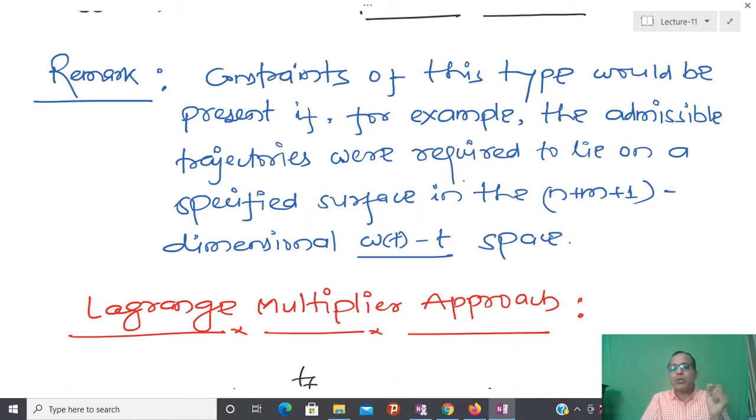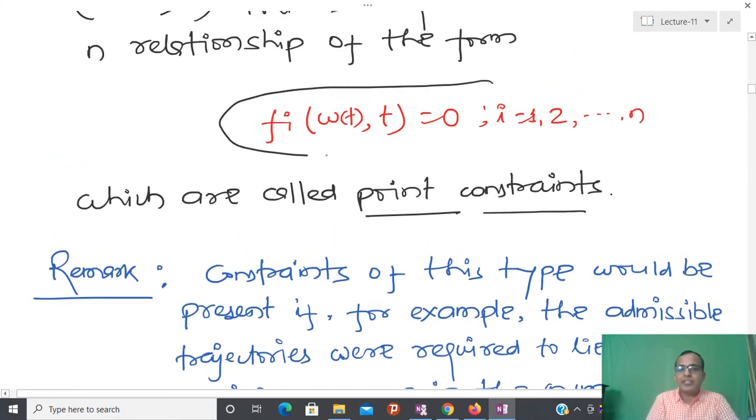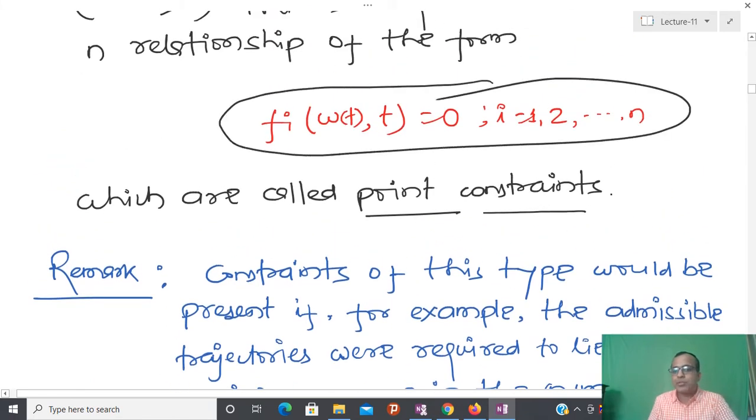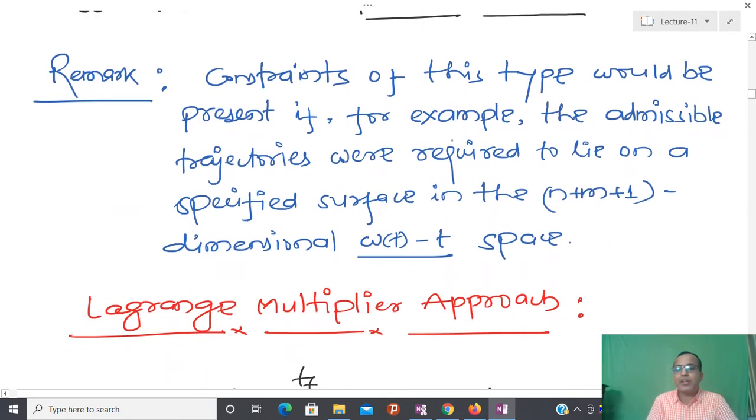Now we have to extremize that functional. For this kind of constraint, the same things I have written here in the remark. A constraint of this type would be present if, for example, the admissible trajectory were required to lie on a specified surface.